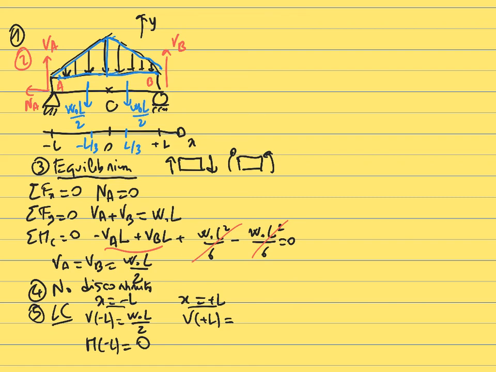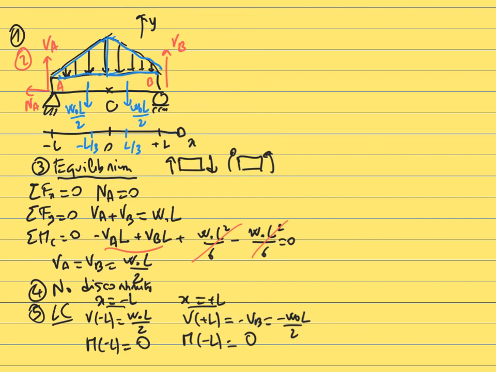So V at plus L is going to be equal to minus VB, that is to say minus W naught L over 2. And the moment at x equal plus L, same thing. Here there is no external moment at x equal plus L. It's only a roller. The roller doesn't prevent the rotation of the beam, so the internal moment is going to be equal to 0.